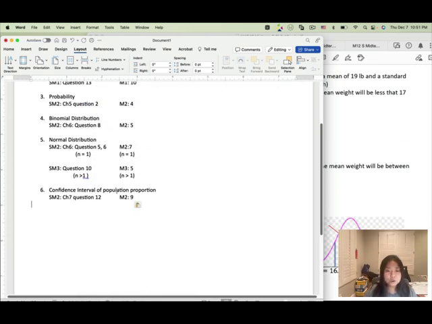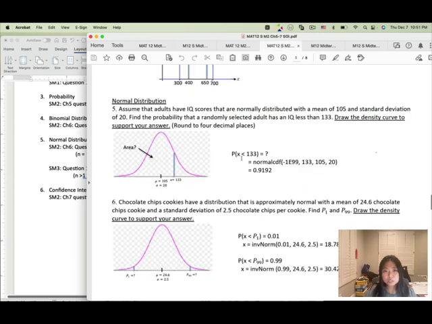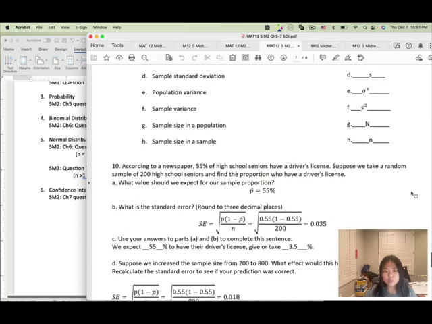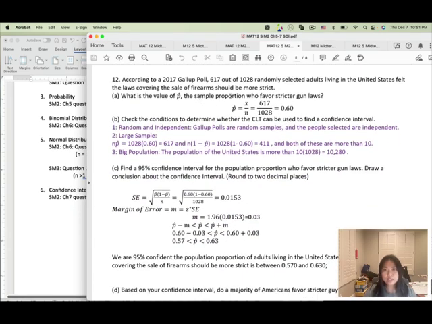Confidence interval for population proportion. So you're going to look at the sample midterm 2, chapter 7, question 12. That will be the last question. Okay, you need to know how to find the sample proportion, this formula.